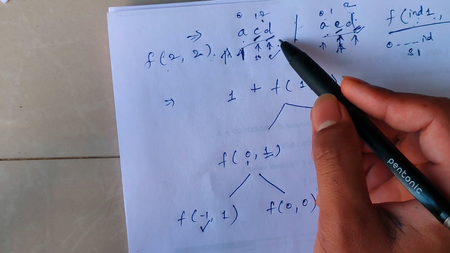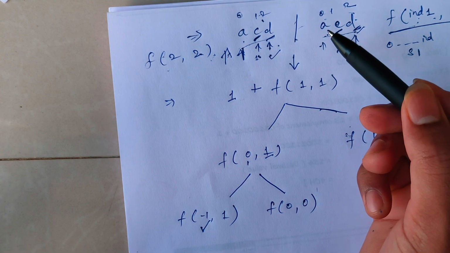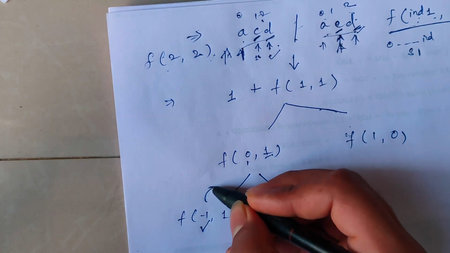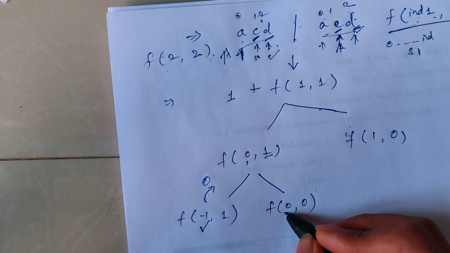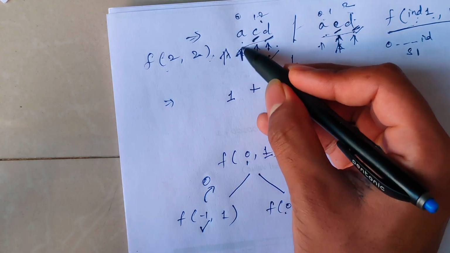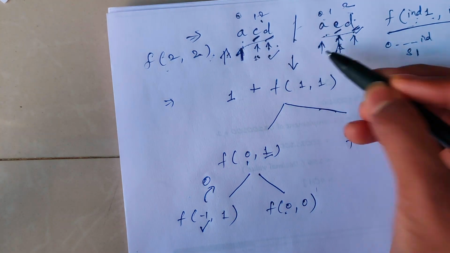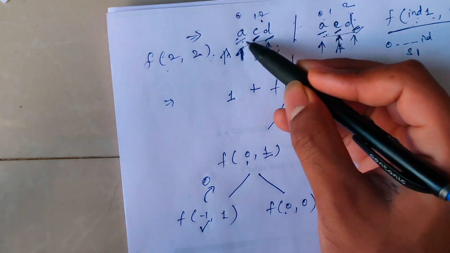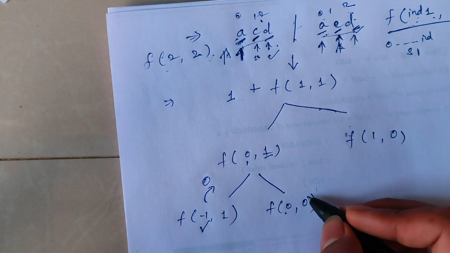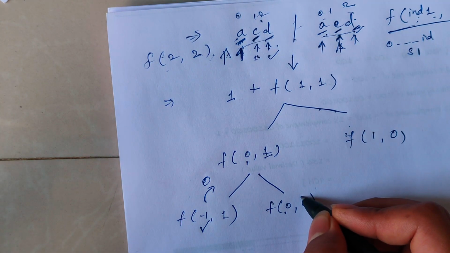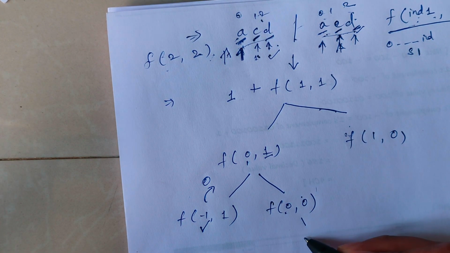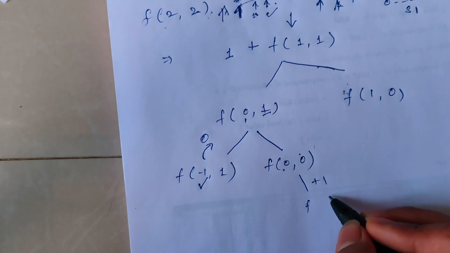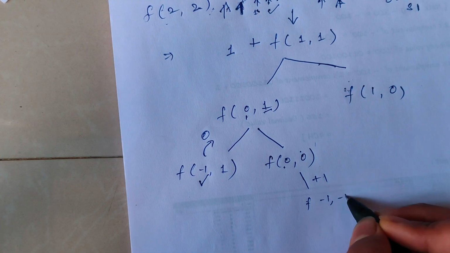The string is finished, so we don't have any more string which could be common, so it would return 0, right? And f of 0 0 means both are standing at 0, right? So these characters are equal, so this would return 1, it would be plus 1, and f of minus 1 minus 1.